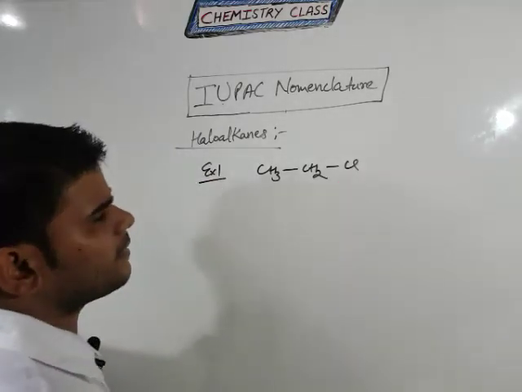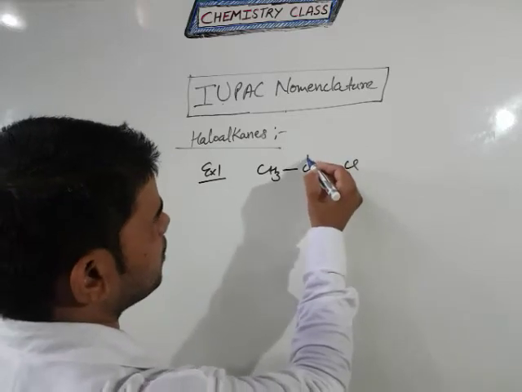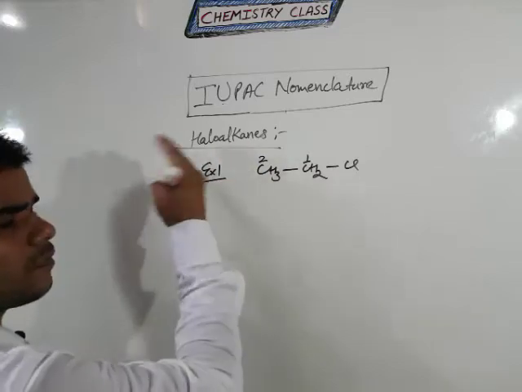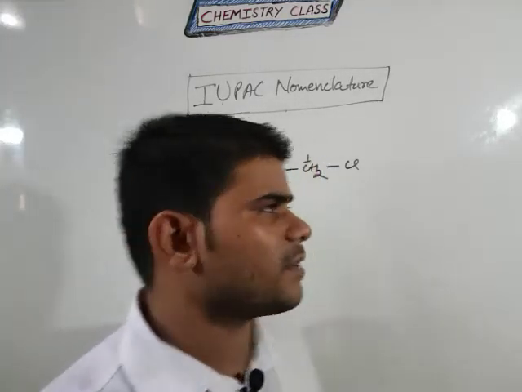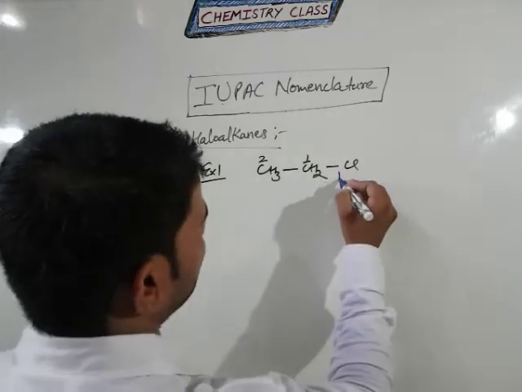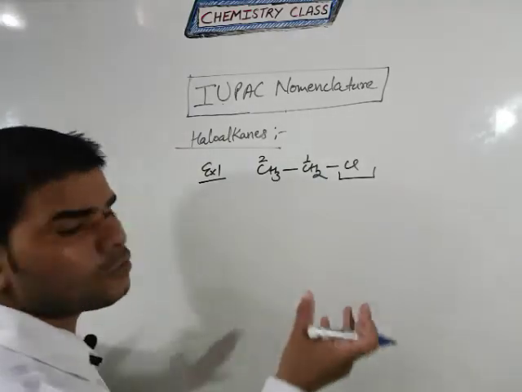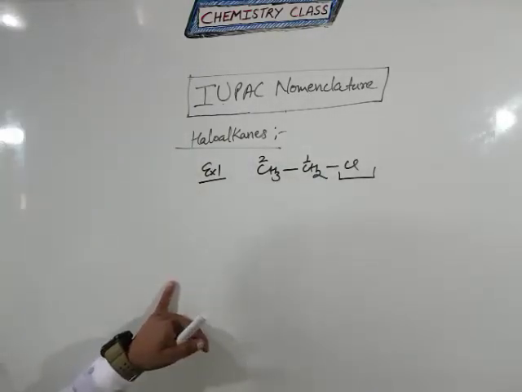If the chlorine atom is attached to this carbon atom, this is our parent carbon atom. So take first, and then second, third, fourth, fifth. Like that you can count the carbon atoms, and after that the Cl, the halogen member, is preferred only as a prefix and not a suffix.